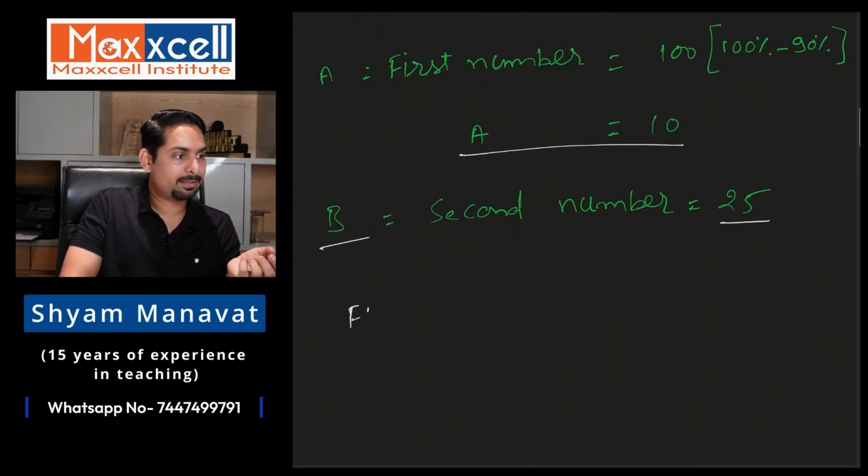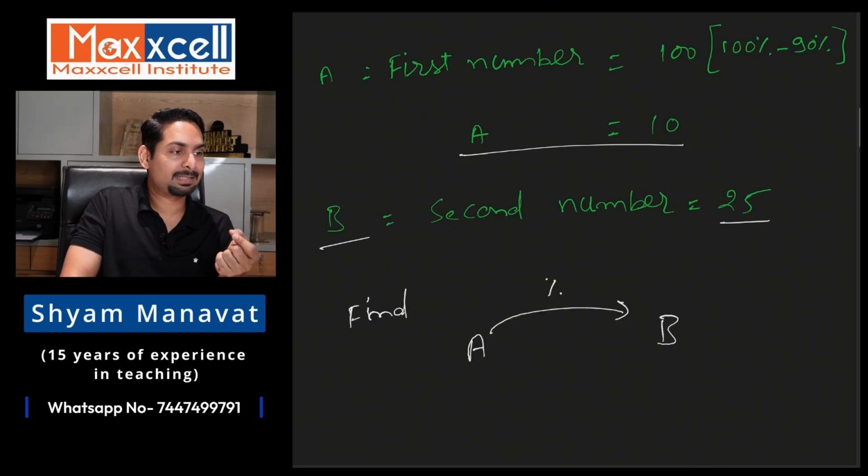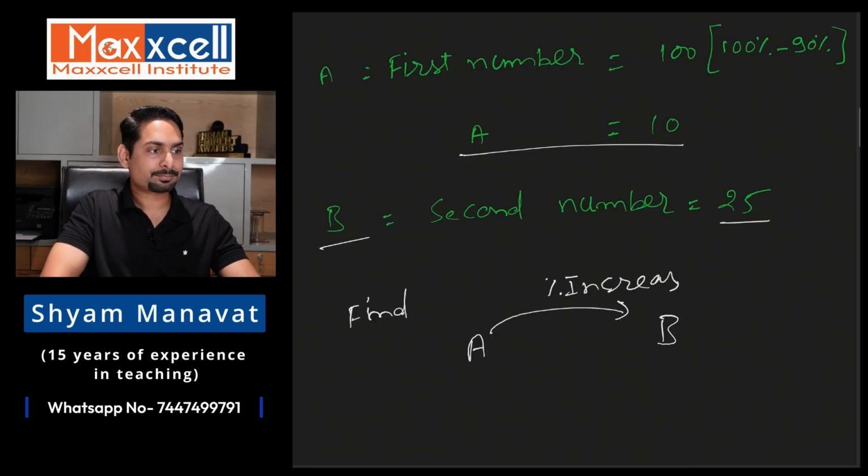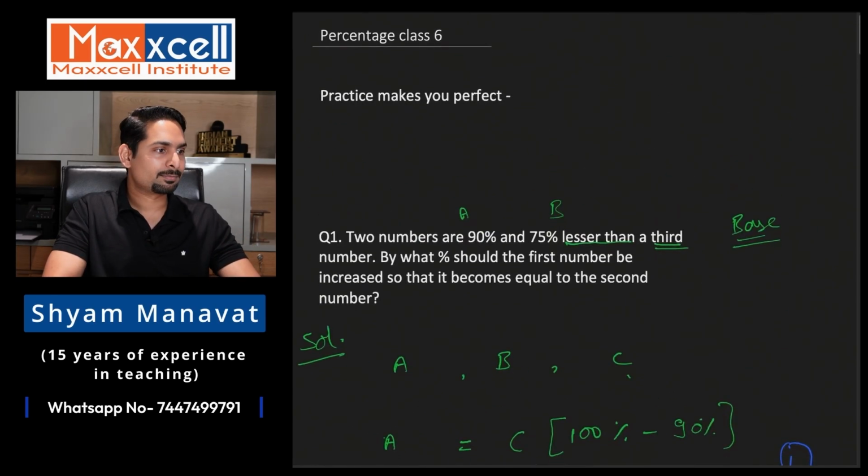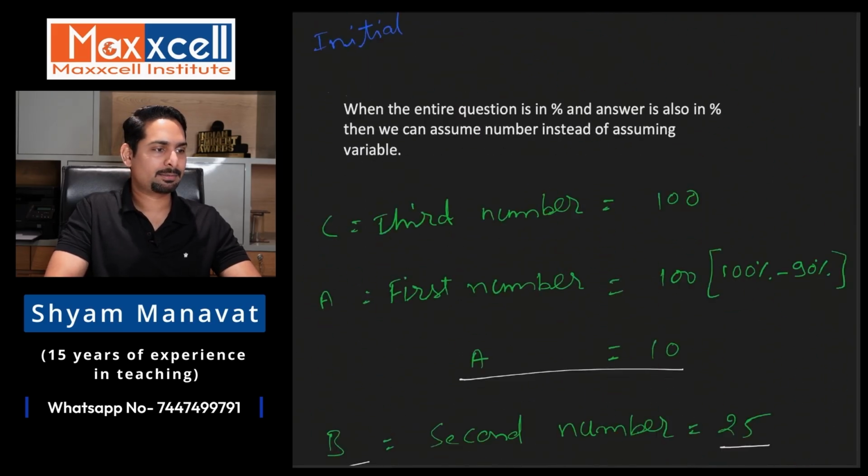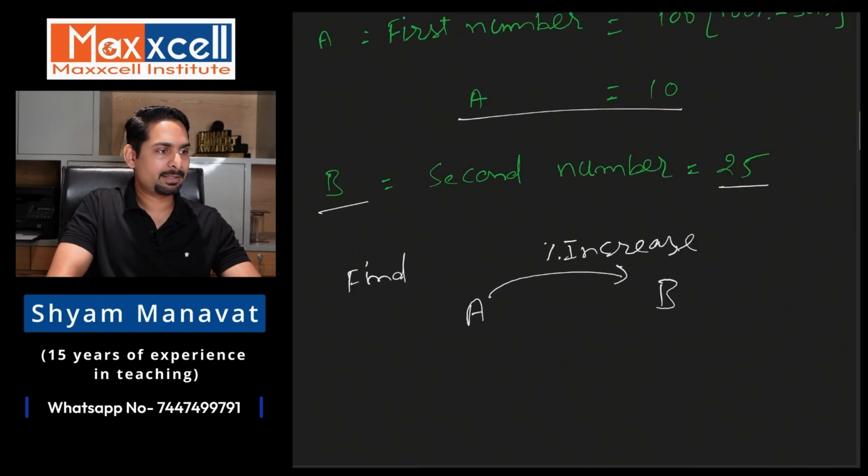Because what do we need to find? We need to find, from A, how much do we increase, the percentage increase, to get the second number.